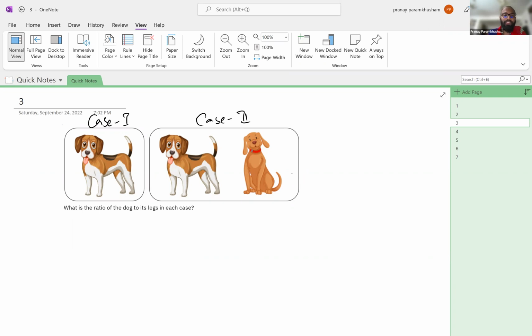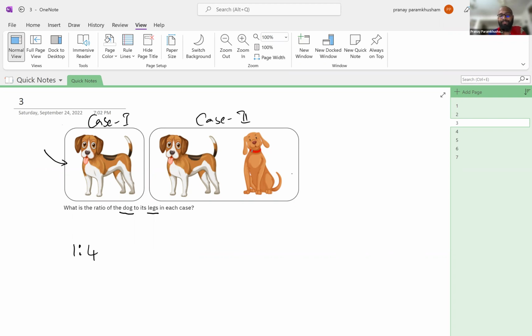He's asking what is the ratio of dog to its legs. In case 1, how many dogs can you see? 1. In case 2, there are 2. In case 1, how many legs do you see? 4. So the ratio is 1 to 4.